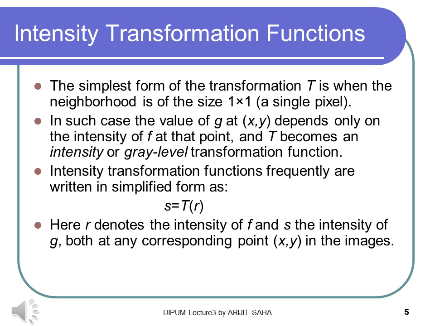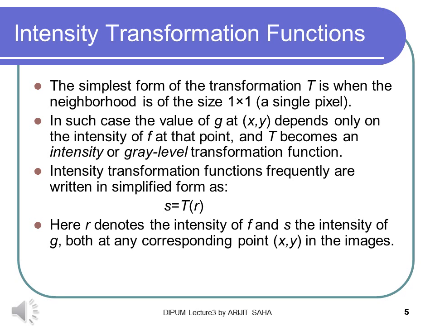What are the intensity transformation functions? The simplest form of the transformation T is when the neighborhood is of size 1 cross 1, which means a single pixel. In such case, the value of g at (x,y), that means the output, depends only on the intensity of f, that means the input at that point, and T, the operator, becomes an intensity or gray level transformation function.